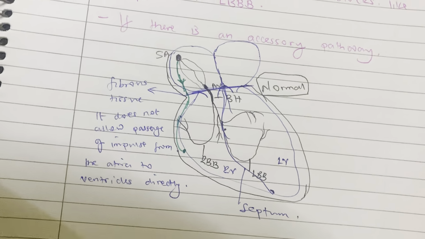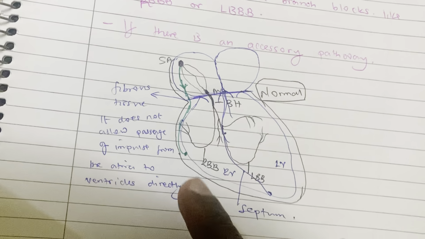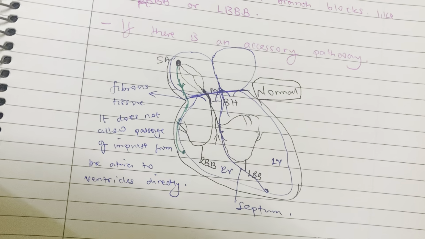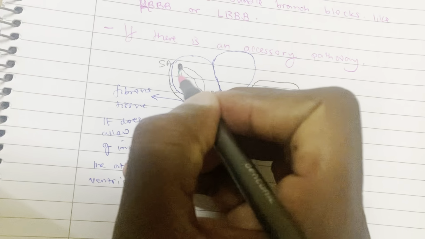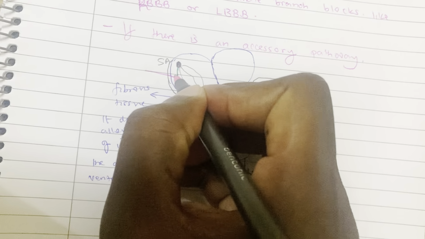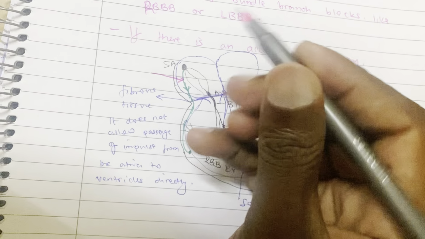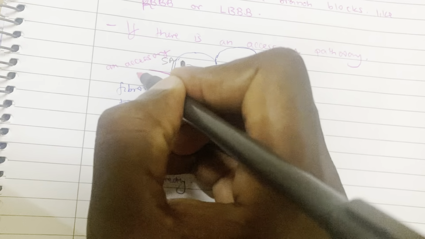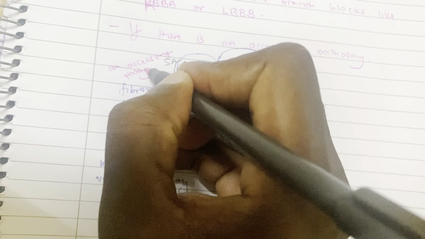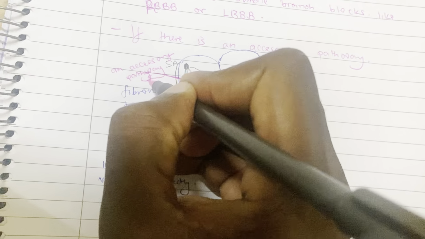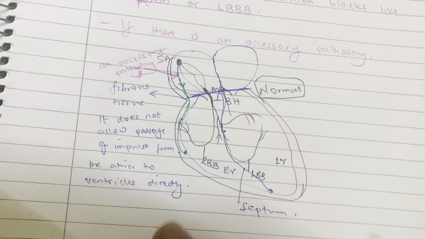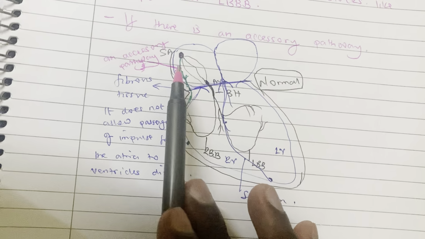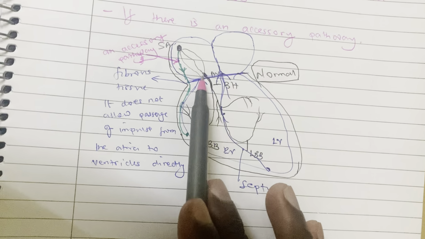It remains, it bypasses, and it carries the impulses from the atria directly to the ventricles without passing the AV node. If it happens like that, then it will be called an accessory pathway. In simple terms, it appears like that. Just a band of myocardial fibers that conduct impulses from the atria to ventricles directly without passing through the AV node.